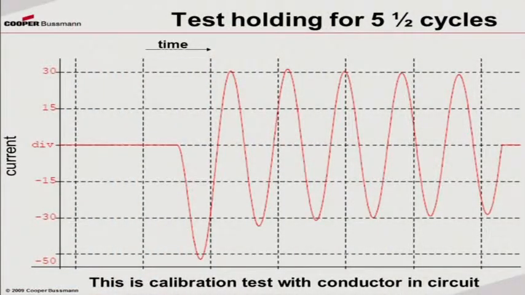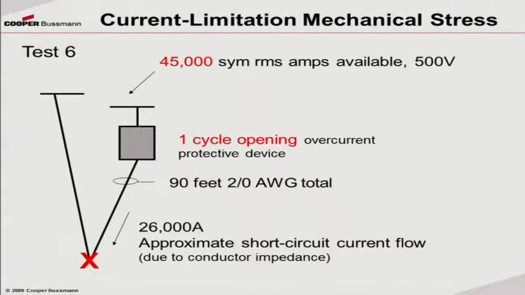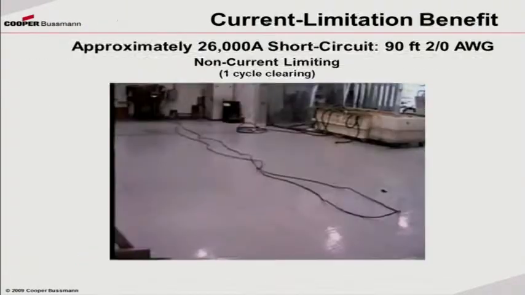So that would just be the current flowing for 5.5 cycles. And then if we have a device that opens the current in one cycle, that whole first cycle is going to go through there. So this is a picture of the test setup inside the lab.